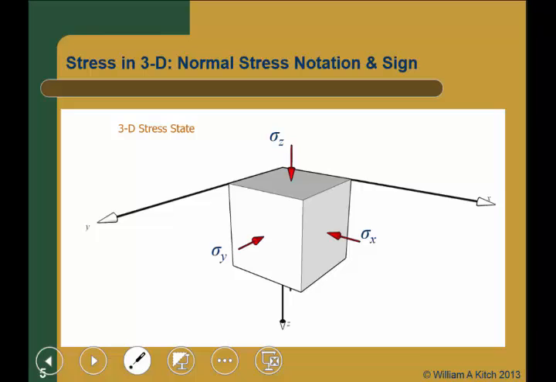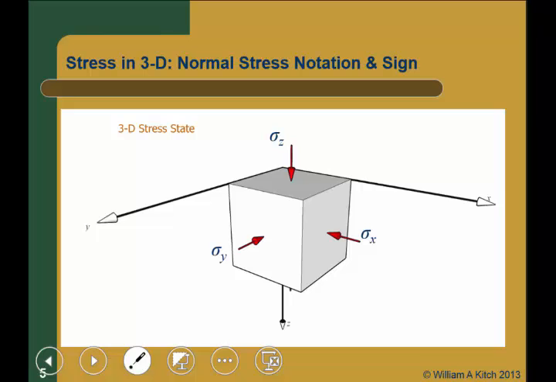All right. Compression is positive. Tension is negative. There's a concept that helps you. The next one is harder. The shear stresses are much harder to figure out. But it helps to have the concept of a positive plane and a negative plane. So a positive plane is where the positive normal force, the positive compression, is in the positive direction of the axes.